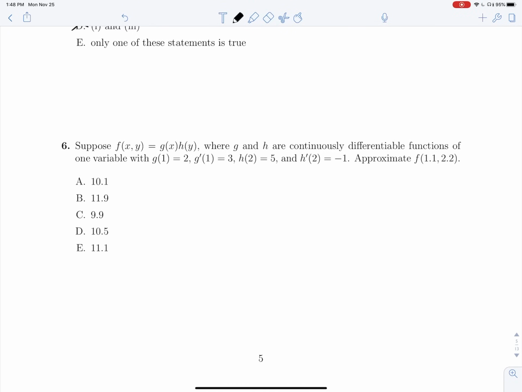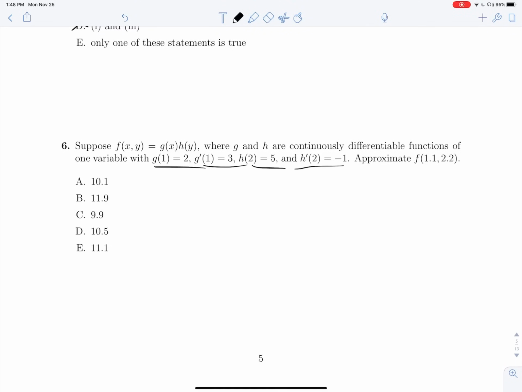Okay, let's suppose that f of x and y is the function g of x multiplied by the function h of y, where h and g are continuous differentiable functions of one variable, and then they give us a bunch of info about them.